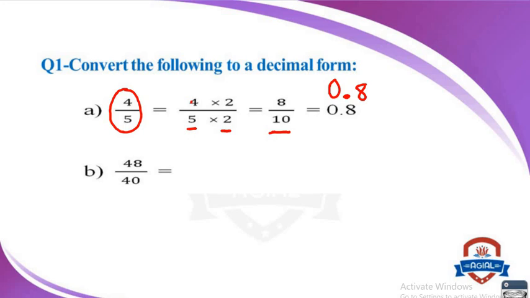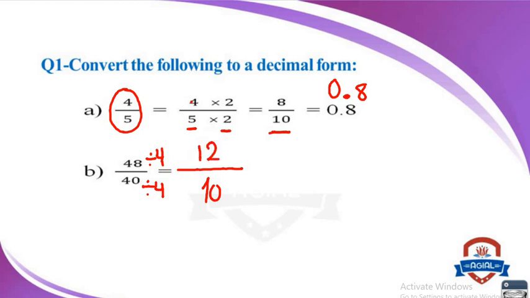Another example, 48 over 40. Can you change it to a fraction with denominator 10? Yes. How? How can I change it from 40 to 10? Divide by 4. 48 divided also by 4. 40 divided by 4 equals 10. 48 divided by 4 equals 12.